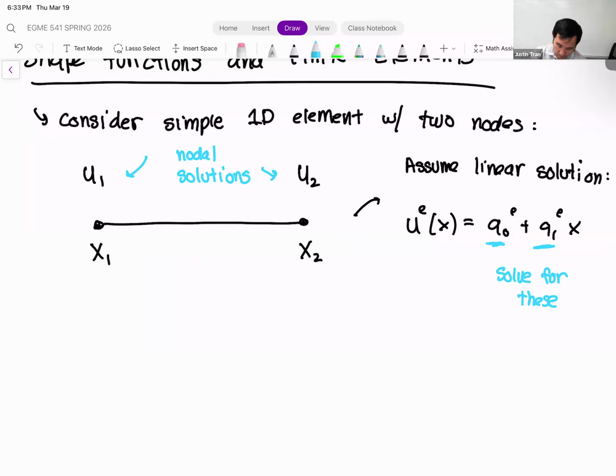Right? Because if we can get expressions for a0 and a1, that'll give us our solution for this entire element here. All right, so to solve for a0 and a1, we're going to invoke our continuity requirements. Okay? So because of continuity, our assumed solution has to match the nodal solutions at x1 and x2.